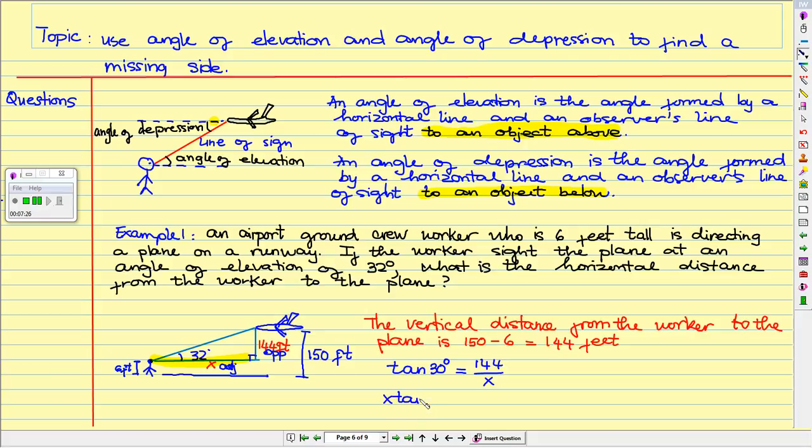So x times tangent of 32 degrees is 144.